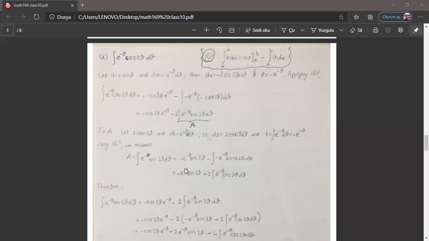So let's plug this one into here, okay? So we had before, we wrote that, which was equal to this one, minus cosine 2 theta e to the theta is in here, minus 2A here. And we computed A, right? We evaluated and get this equality, okay?